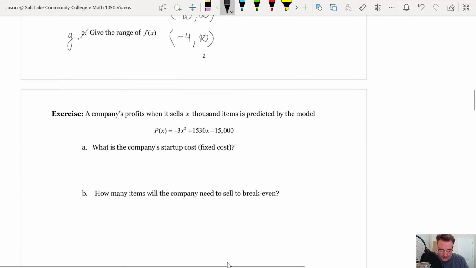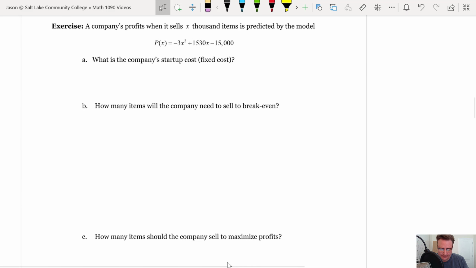Okay, next exercise. A company's profits when it sells x thousand items is predicted by the model P of x equals -3x squared plus 1,530x minus 15,000.